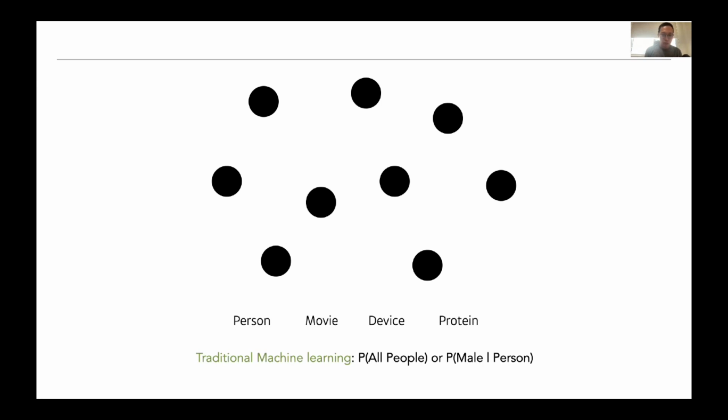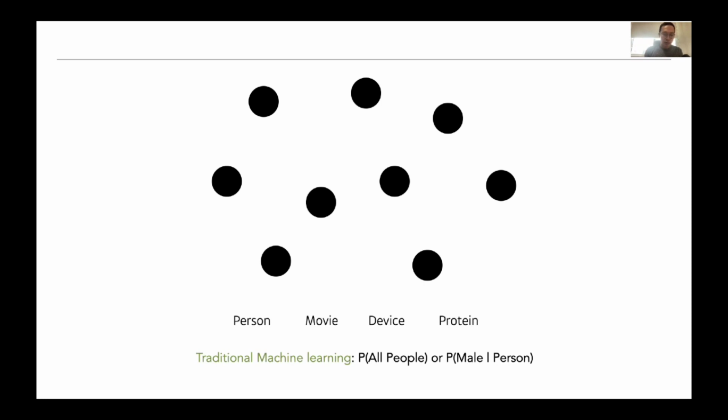For example, we try to predict the gender of a person by looking at their features, such as their communication patterns, the frequency of visits to some restaurants, or how much time they stay at school. And we try to guess the gender of the person, or the genre of the movie, or the type of the device by looking at their histories.